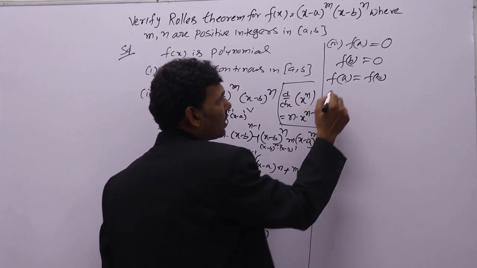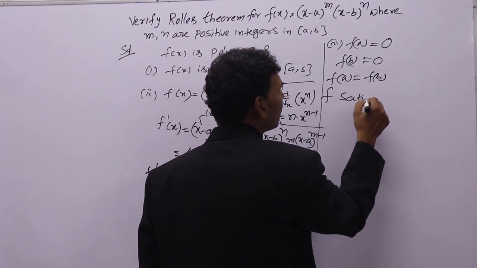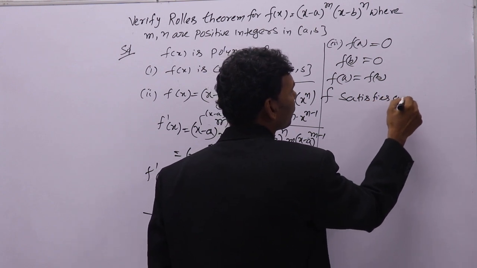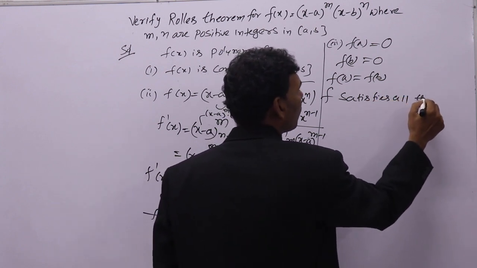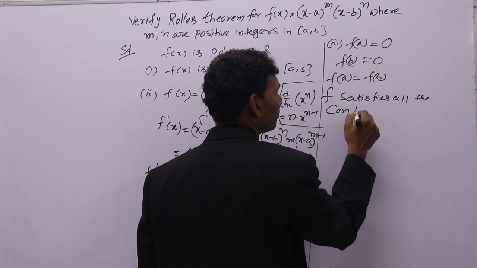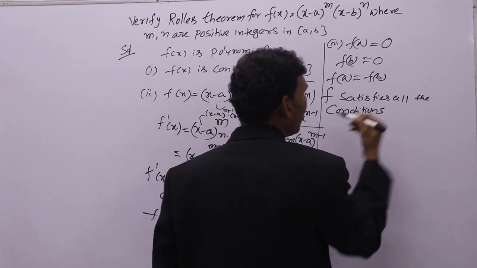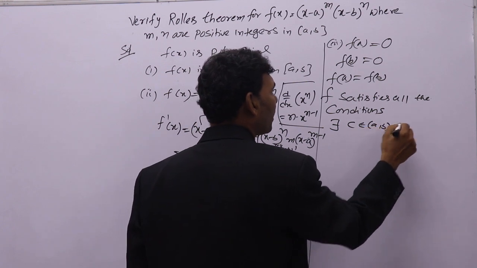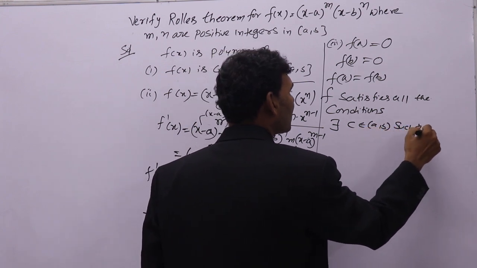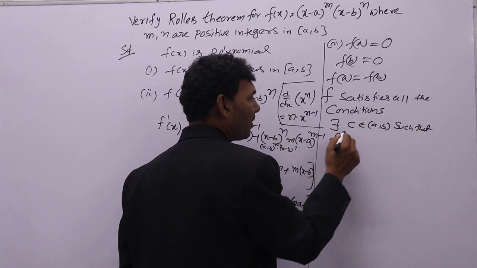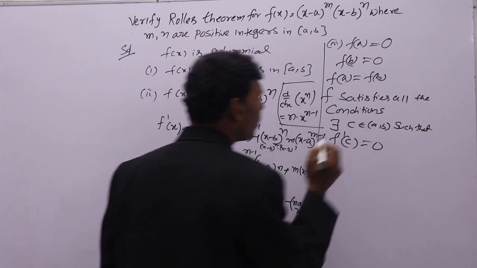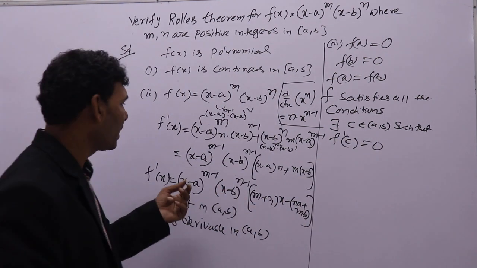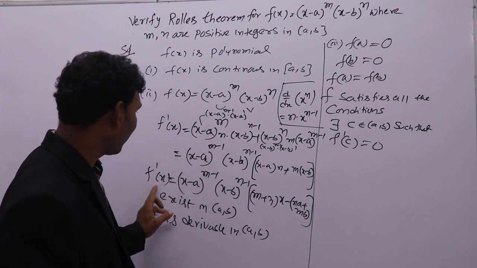What does it mean? f satisfies all the conditions of Rolle's theorem. Then what happens? There exists c in the open interval (a, b) such that f dash of c equals 0. Now writing f dash of c is very easy because we already calculated f dash of x.